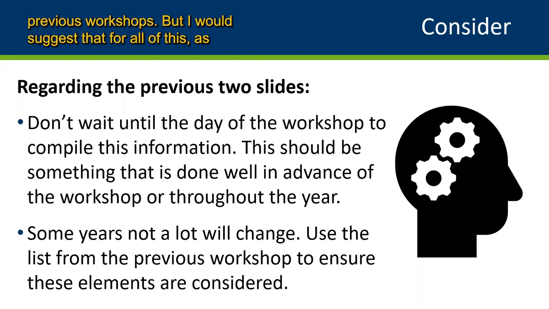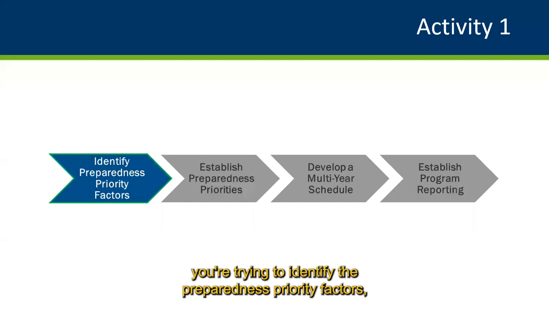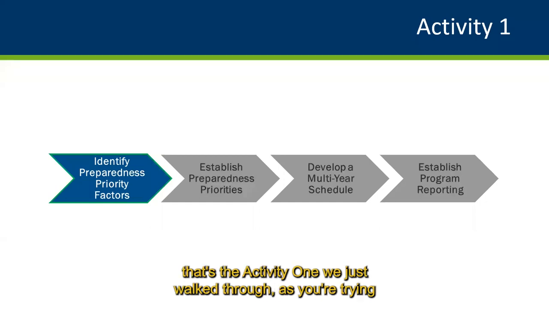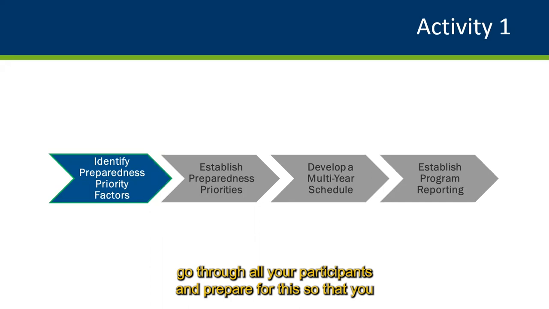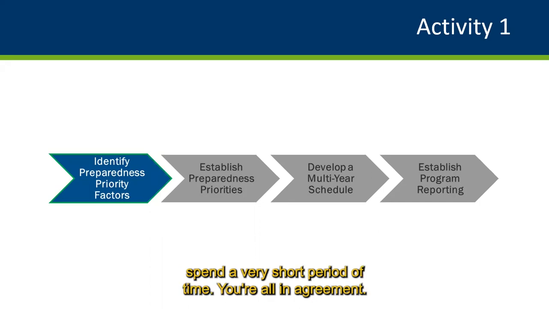But I would suggest that for all of this, as you're trying to identify the preparedness priority factors, that's the activity one we just walked through, I would suggest some homework, and you have everybody, all your participants, prepare for this so that you spend a very short period of time.